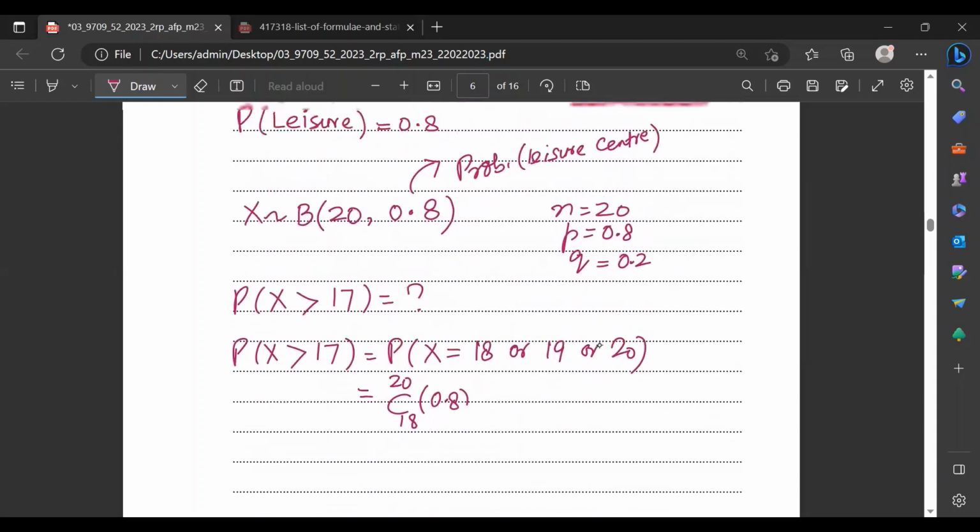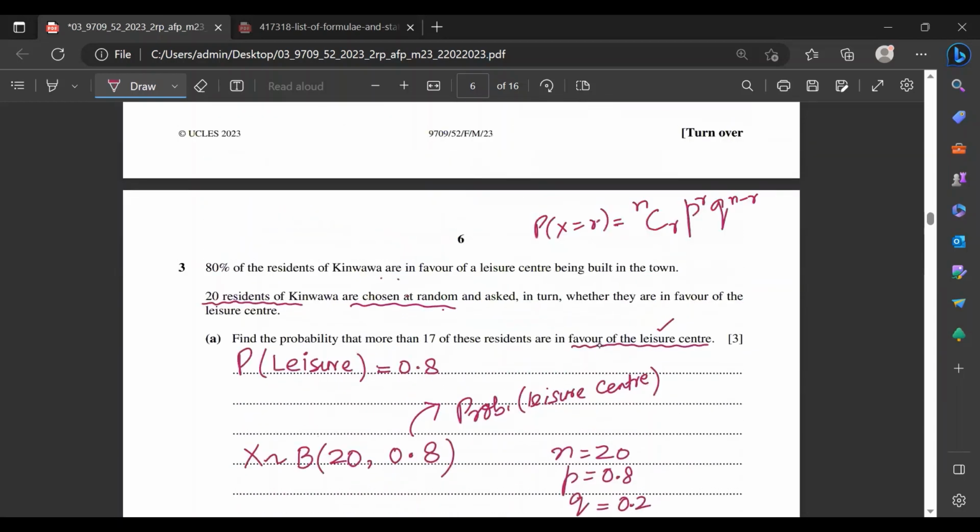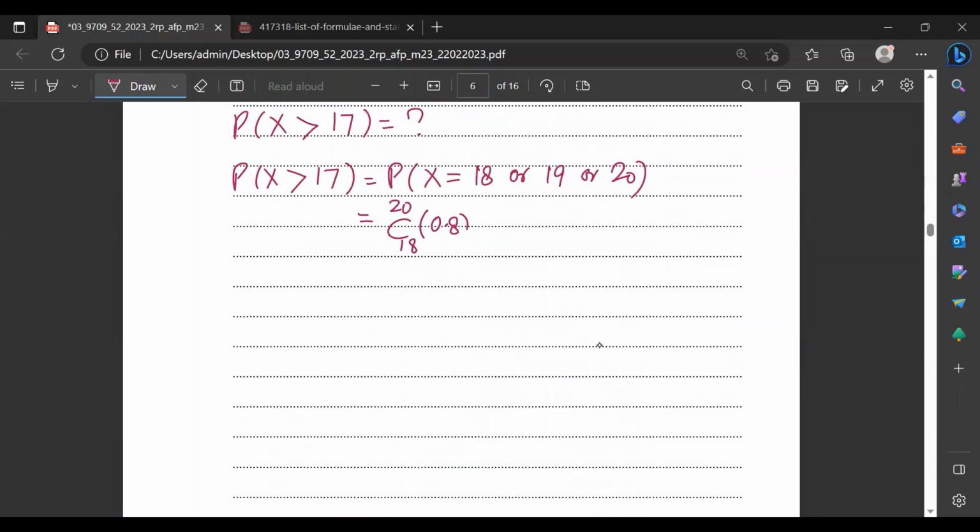R is the bottom number, so this number is the power of P, and Q^(n minus R), 20 minus 18, 2.